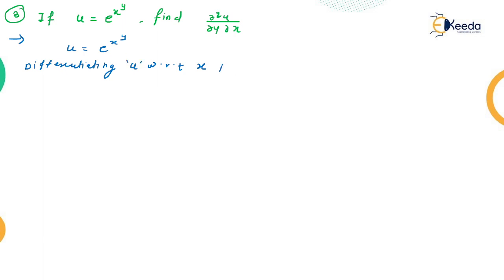What you will get here is ∂u divided by ∂x, which is e to the power x raised to y, meaning e to the power x^y times the derivative of x raised to y, which is y into x power y minus 1, partially, keeping the other variable y as a constant. We treat the other variable y as a constant. So this is the differentiation of u with respect to x.